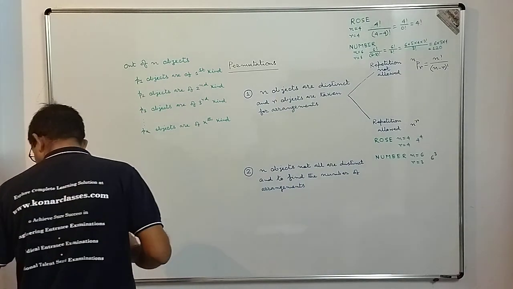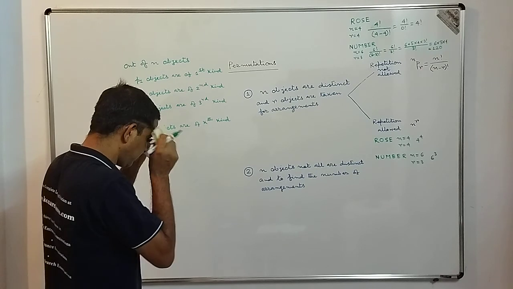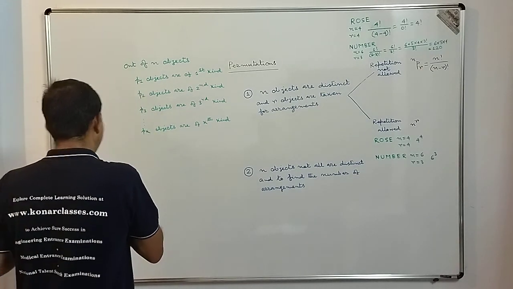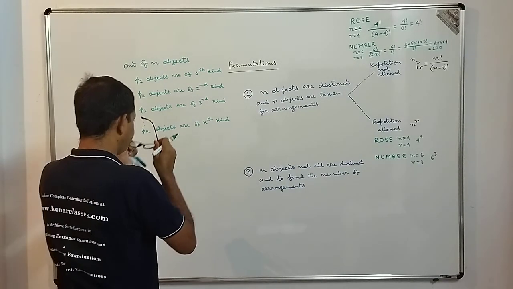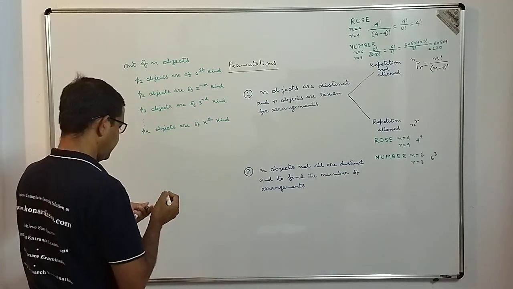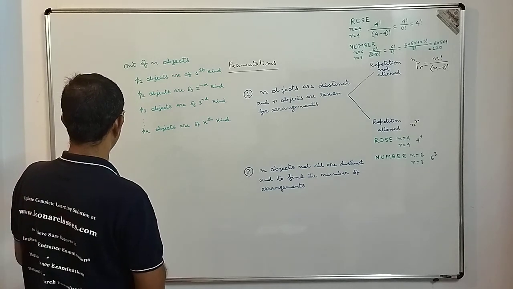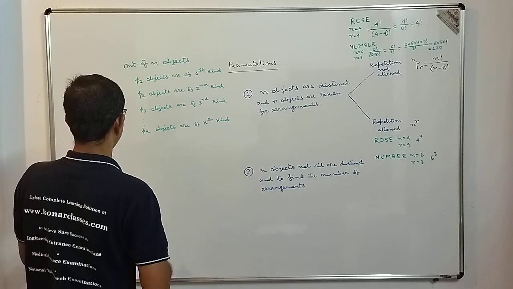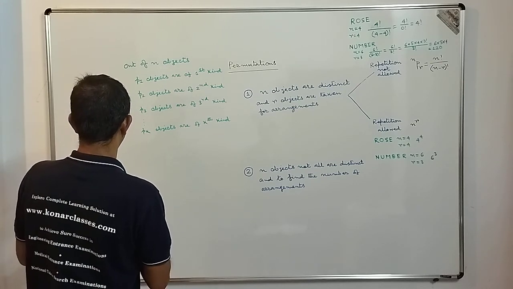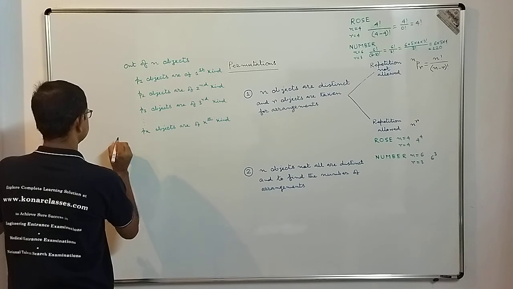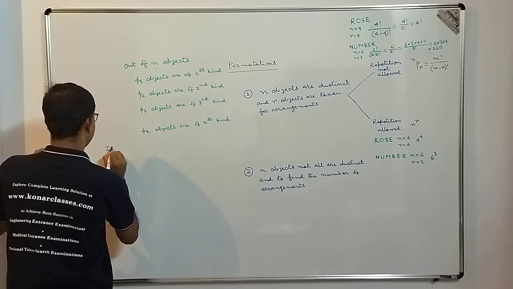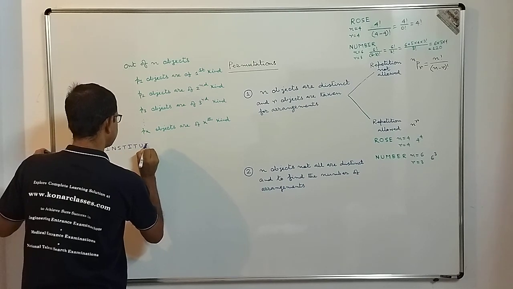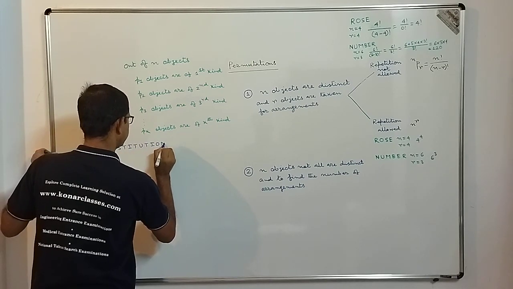Now what we are going to discuss is the possible number of ways that we can make that arrangement. Let me give you an example so that it will be helpful to understand. Let us take a word called institution.